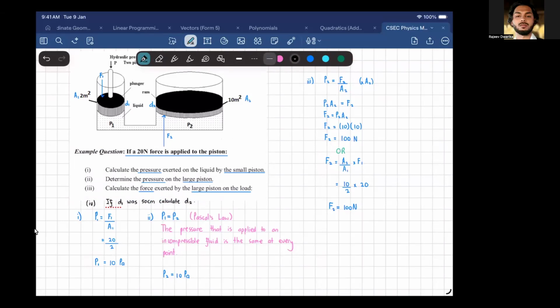Okay, right, so we want to figure out D2. If D1 was 50, what would D2 be? Another way to do this is also the ratio, but I'm interested in seeing what they're going to come up with.